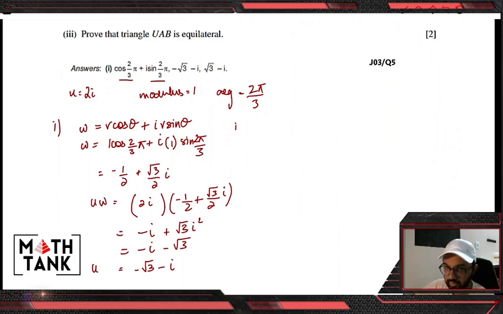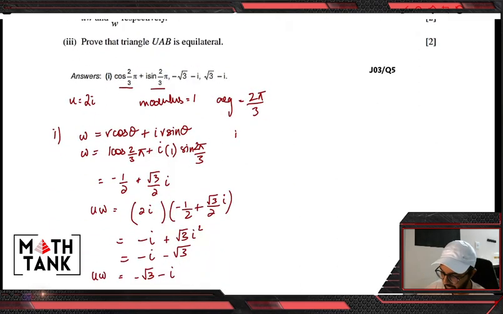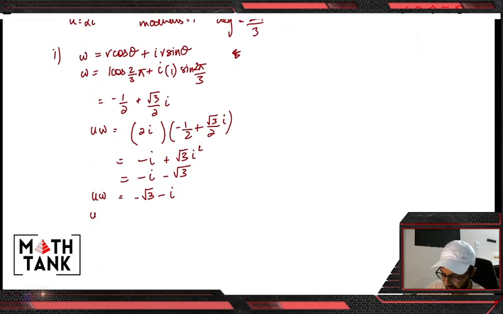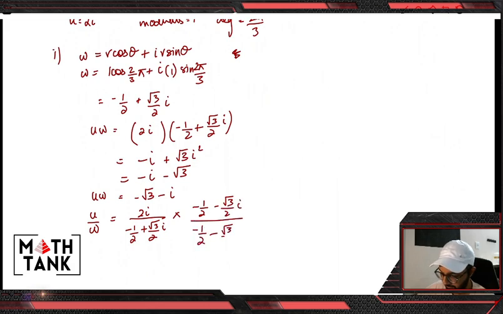Then I also need to calculate u over w. So let's do that. u over w would be 2i over minus half plus root 3 over 2 i. So this question is about rationalization. What I'll have to do is multiply it with minus half minus root 3 over 2 i on the numerator and the denominator.